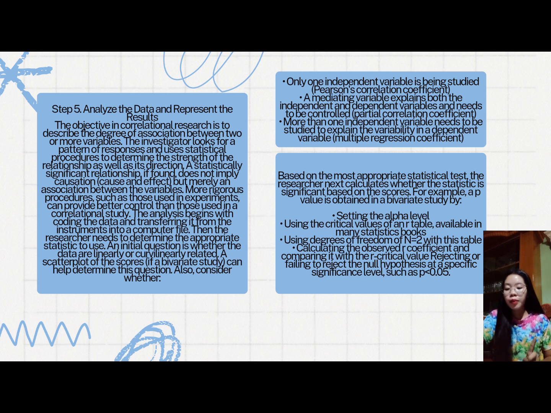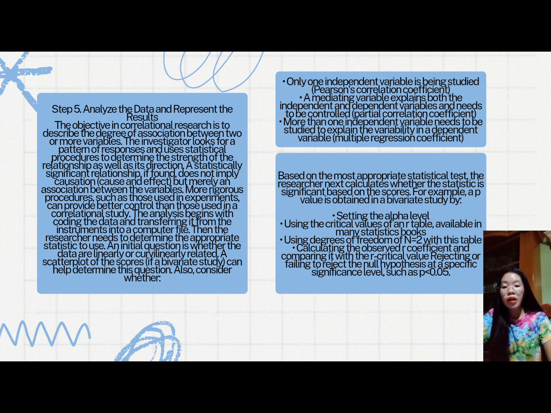The next is when more than one independent variable needs to be studied to explain the variability in a dependent variable, or what we call the multiple regression coefficient. When we say multiple regression coefficient, it signifies the amount by which change in x must be multiplied to give the corresponding average change in y, or the amount y changes for a unit increase in x. In this way, it represents the degree to which the line slopes upwards or downwards.